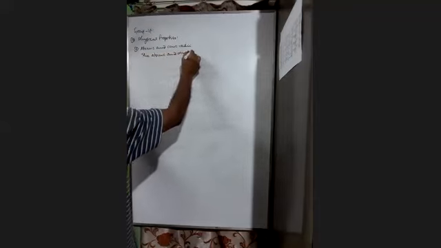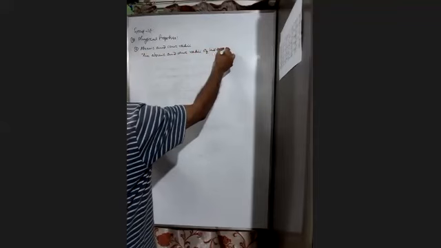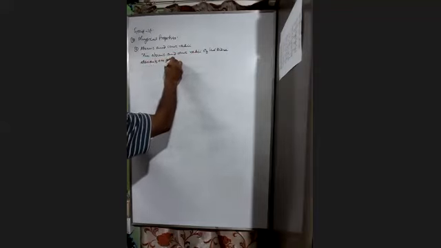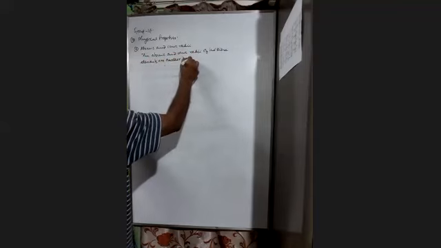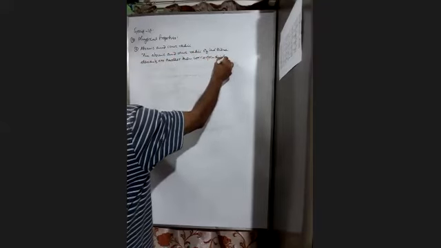The atomic and ionic radii of these elements are smaller than corresponding group 16 elements. Why? Because of very high effective nuclear charge.